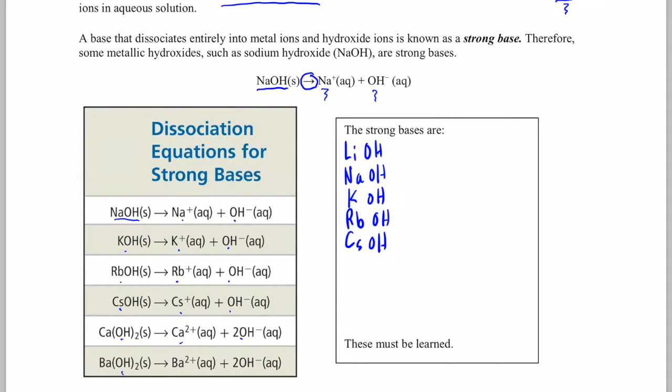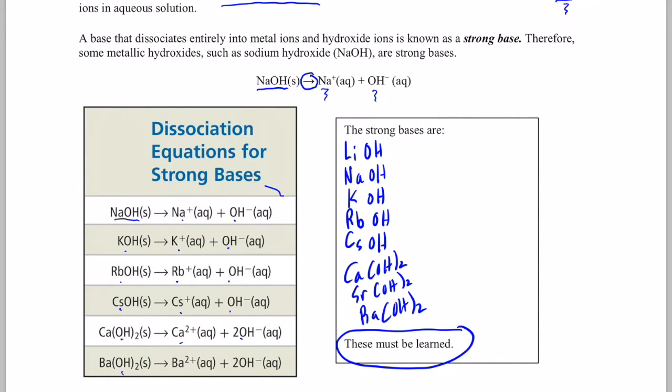And it turns out that some of the group 2 hydroxides are also considered to be strong bases, and that would be calcium hydroxide and strontium hydroxide and barium hydroxide, just to put them in order for you. So those strong bases must be learned. Remember, they ionize 100% in water solutions. All other bases, then, are considered to be weak.